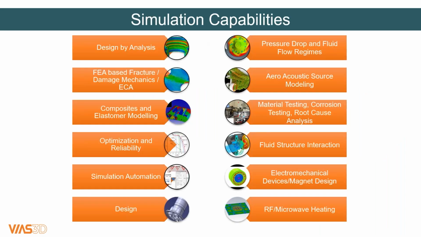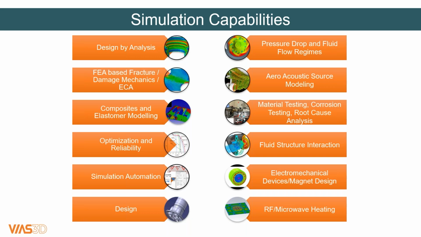This slide shows some of our simulation capabilities. We are very well experienced in FEA, CFD, electromagnetics, and design. This is not the full list; these are just some I wanted to display here. We provide consultation on design by analysis, fitness for service, ECA, and simulation automation.